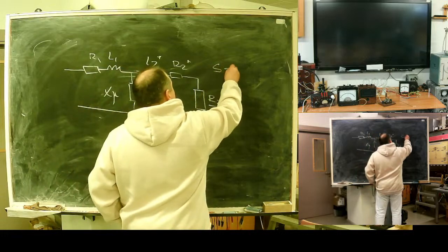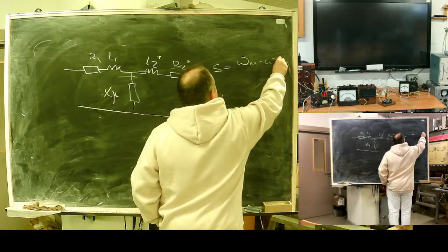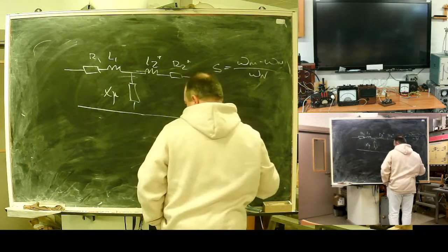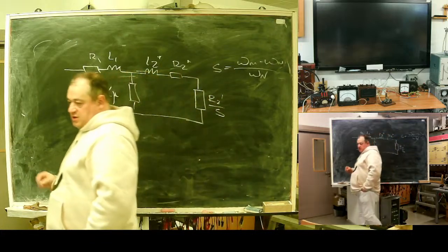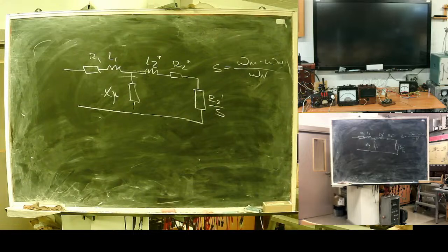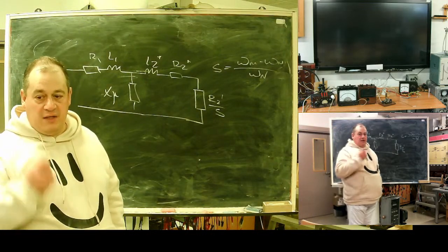Here, slip is omega machine and it's omega net divided by omega net. If the machine rotates synchronously with synchronous speed, it will be 0. If the machine has a speed of 0, it stands still, it will be 1. Slip related.